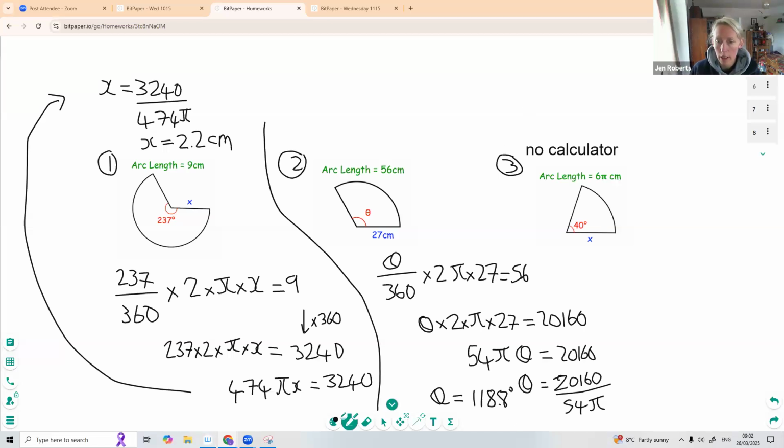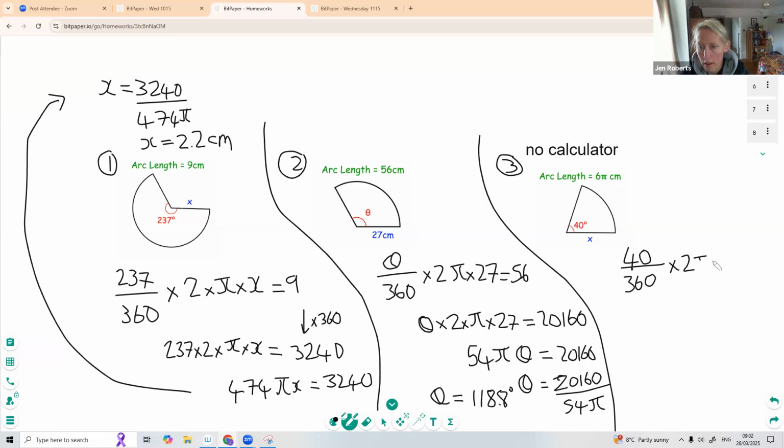This is a non-calculator question. So we've got 40 over 360. It's your radius missing in this question. So times 2 pi x equals 6 pi. Okay, let's simplify this fraction first. I halve both of those, we get 2 over 18. Halve them both again, we get 1/9.